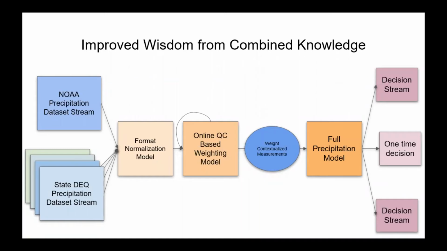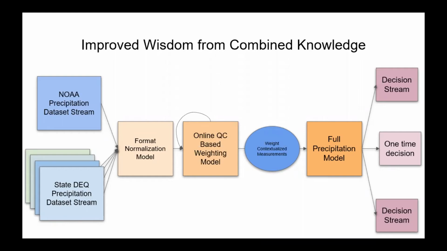So what I propose here is we need to improve wisdom from combined knowledge. So let's say I'm NOAA and I have a precipitation data set stream, and I have this normalization model, and I create a full precipitation model that feeds all sorts of decisions. My data set could be made better if I was to take all these state Department of Environmental Quality and that sort of agency data to do more localized sensor analysis.